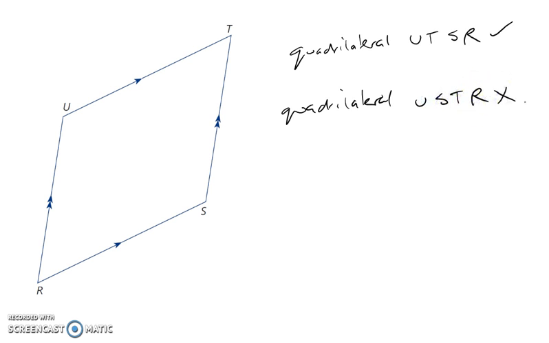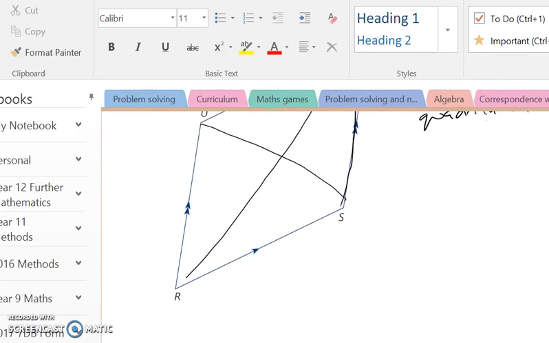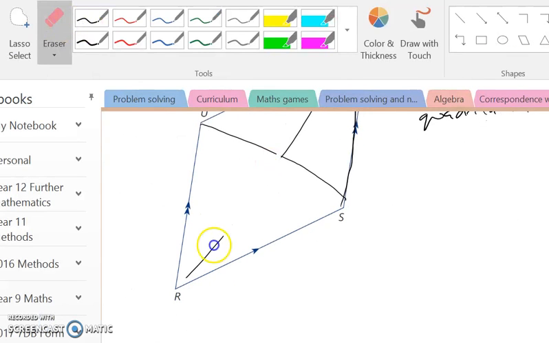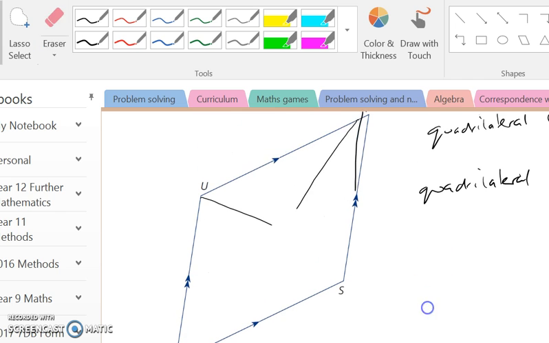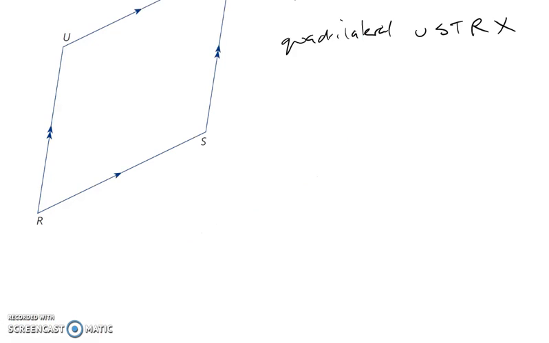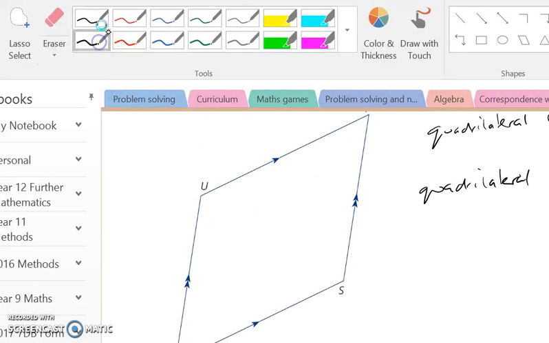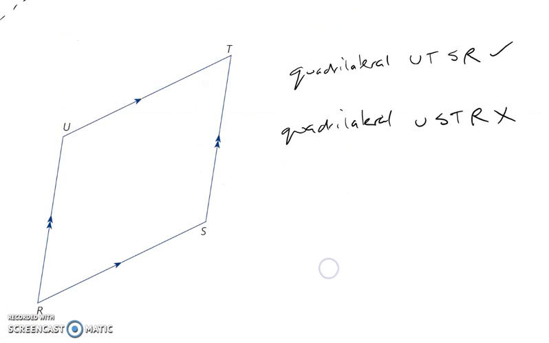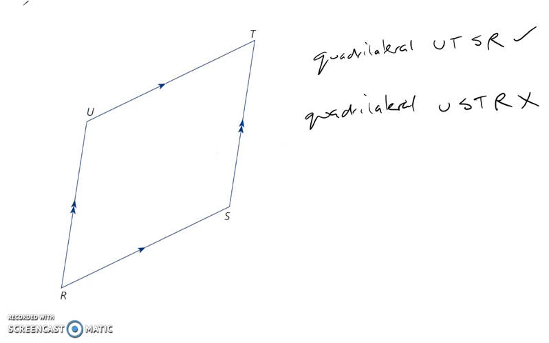That does not work, because then you're saying U goes to S, S goes to T, and T goes to R, which is not what I originally started with. There's another name for this quadrilateral, but I'm not going to go through that in this video.